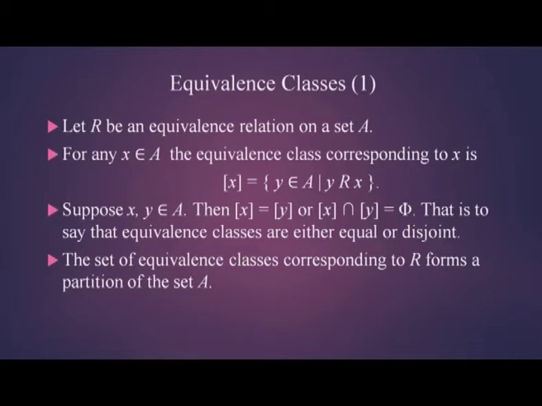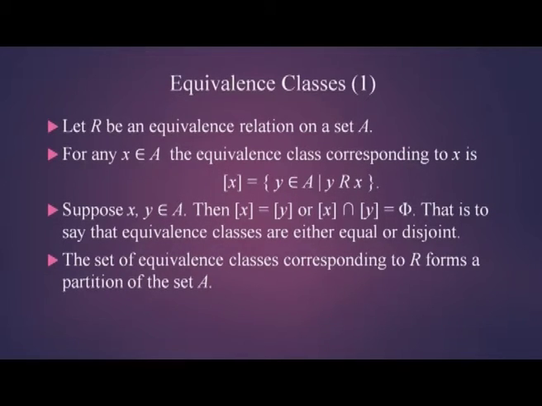Now, if R is an equivalence relation on a set A, we choose any x belonging to A and then we consider a set which consists of elements of A which are related to x.